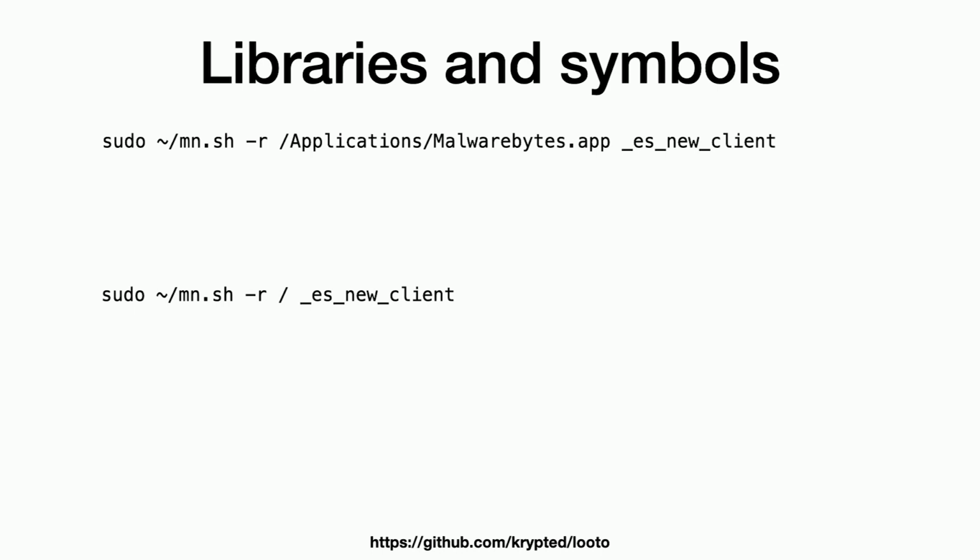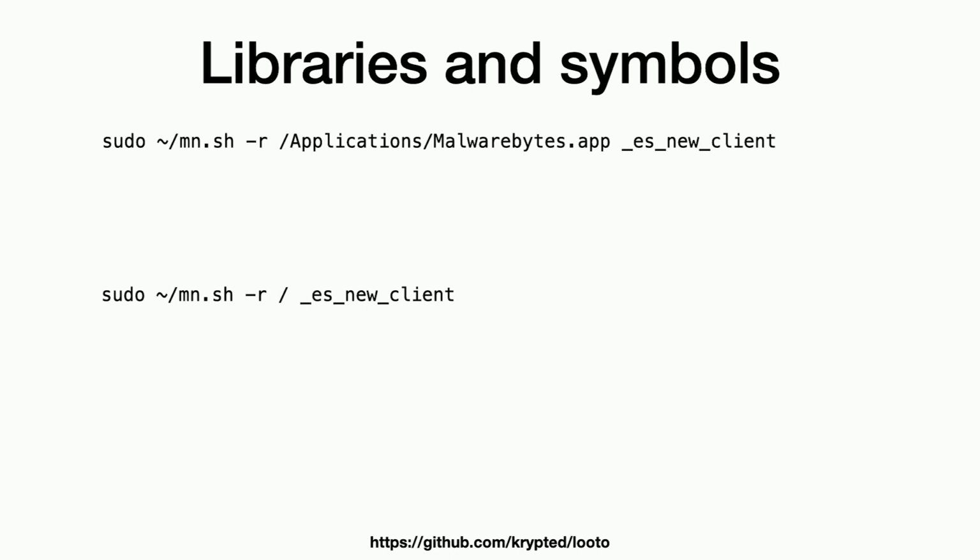So nm will look for all of the symbols in a single binary. So I made another one, a little shell script called mn, just reversing nm, that would recursively look at the whole operating system if I told it to, or within a recursive app bundle, for the symbol that I wanted to find.